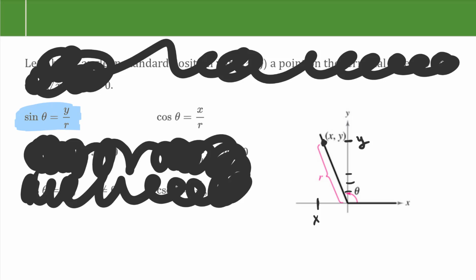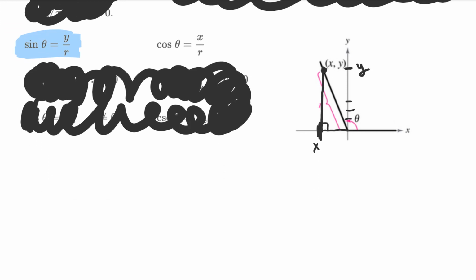Y over r. So wait a second, let's see if we can tie that together. What if I just drop this thing down? I'll make a bigger one. I think I just made a right triangle.